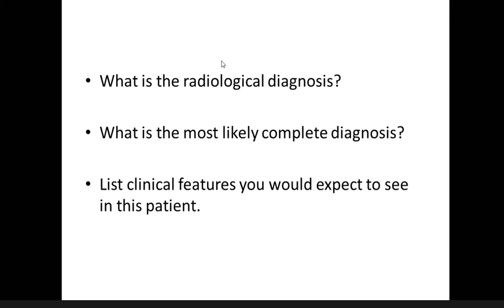Right. So on auscultation, absent breath sounds, okay. Anything else? Bronchial breathing, right, just above the level of the pleural effusion.